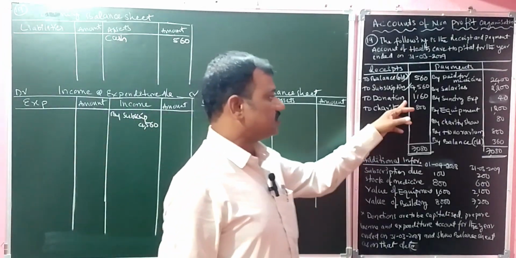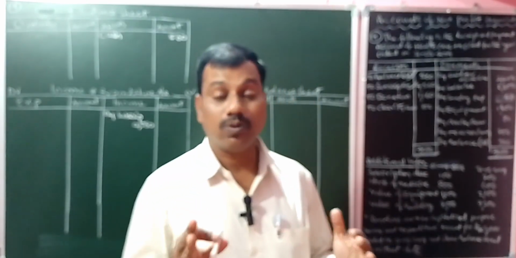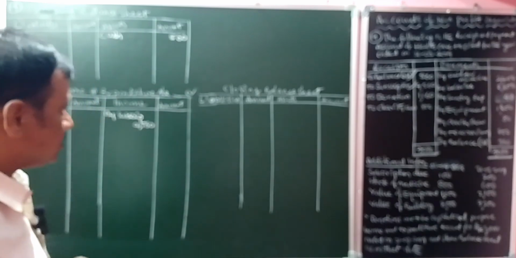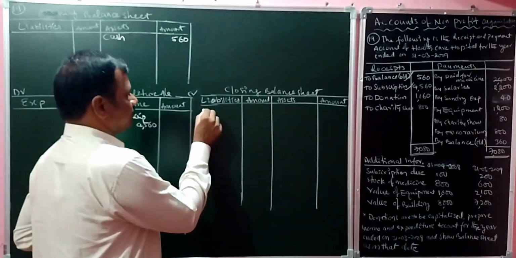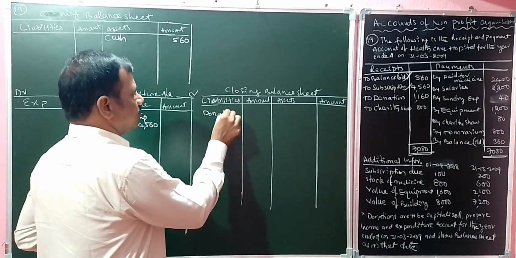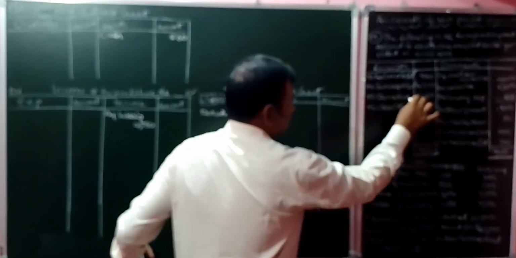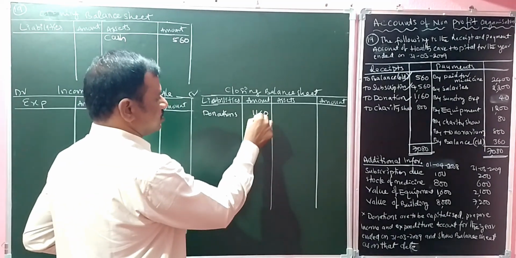Next one, donation. Donations are to be capitalized, meaning they are taken on the liability side of the closing balance sheet. The donation value given is 1160 rupees.